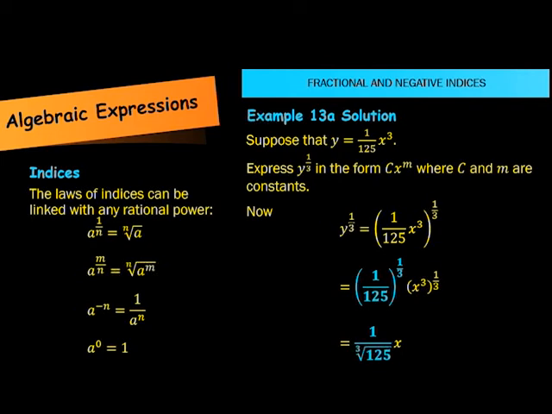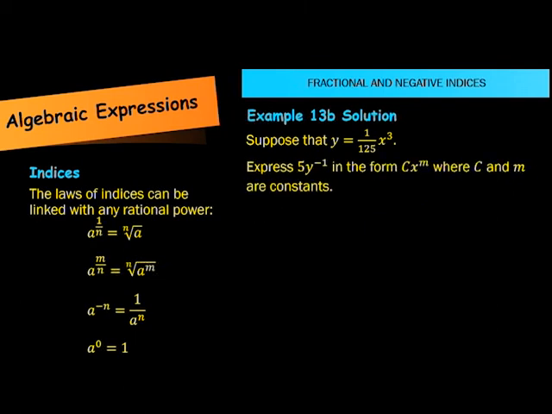And of course x cubed raised to the power 1 over 3, we simply multiply the powers to give x to the power 1, because 3 times a third is 1. And then we simplify in the next step 1 over the cube root of 125 to give us 1 over 5. So overall we have that y to the 1/3 is 1 over 5 times x.